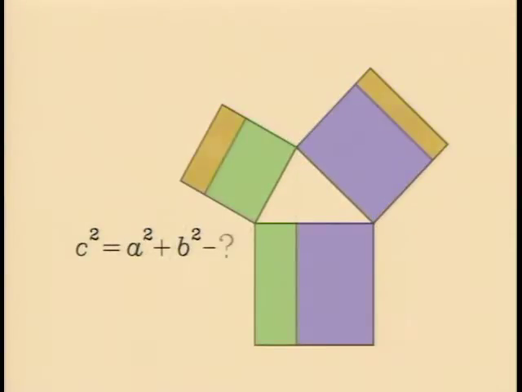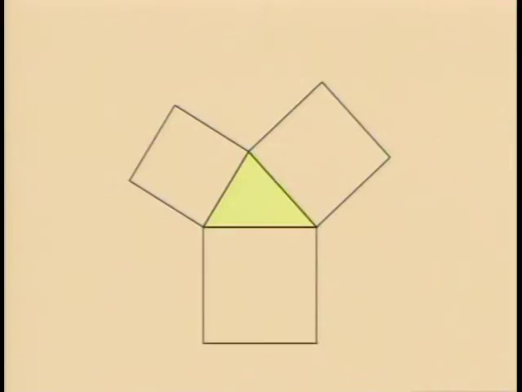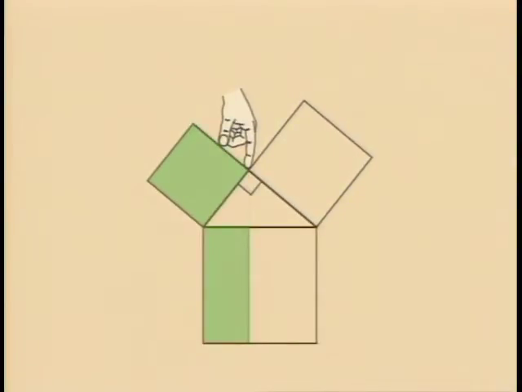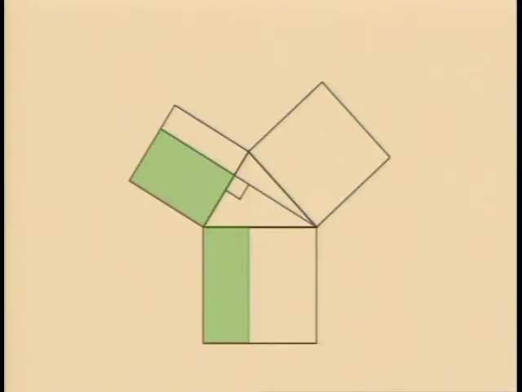The brown regions represent the difference in areas. We can find this difference by using shearing and rotation. Shear, rotate, and shear again. If this were a right triangle, the green region would fill the square exactly. But in general, you get two green rectangles of equal area. And the same is true on the other side.